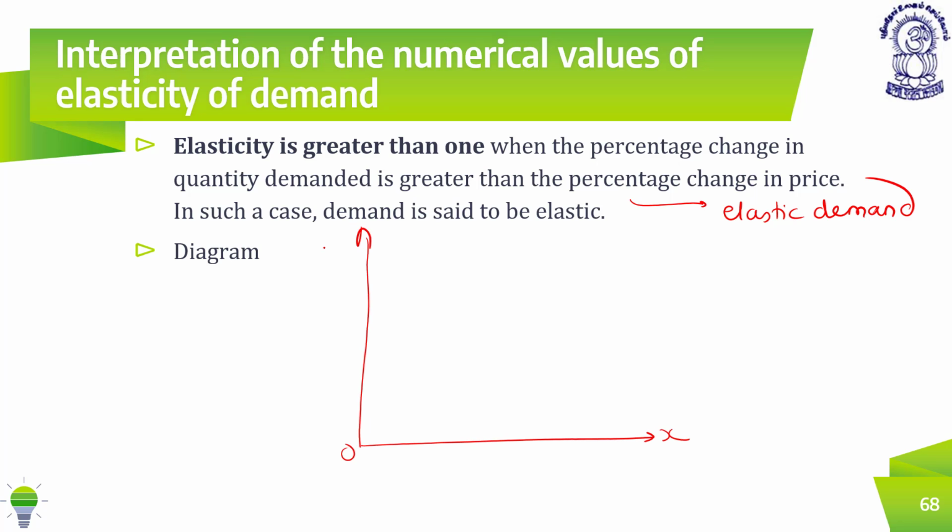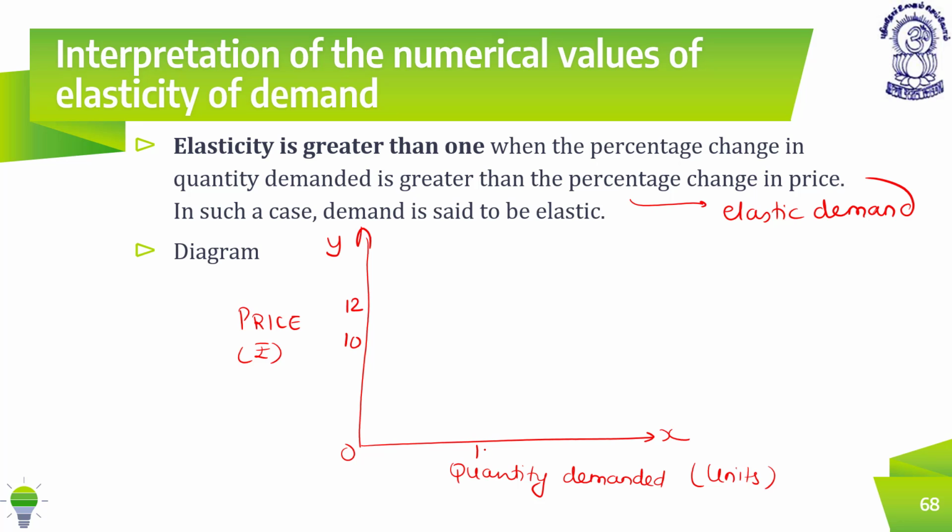X origin, Y. Over here we will denote price in terms of rupees, and over here quantity demanded in terms of units. Supposing the price changes from 10 to 12.